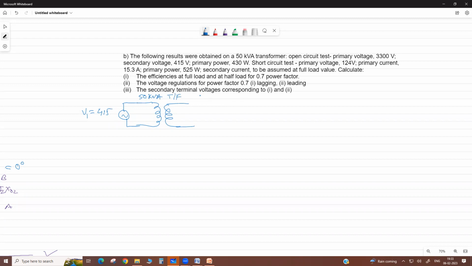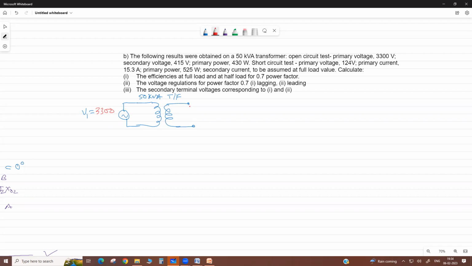Now we do the testing. First we run this transformer at no load, which means we do the open circuit test and short circuit test. What do you do in the open circuit test? He said that in the open circuit test, we apply the rated voltage V1 on the HV side, 3300 volt on the primary side.